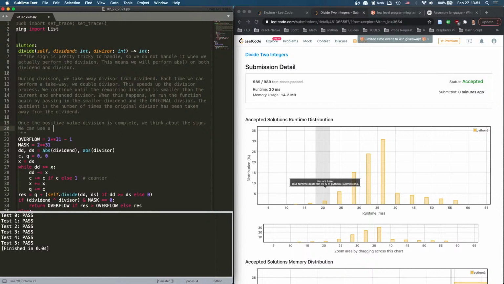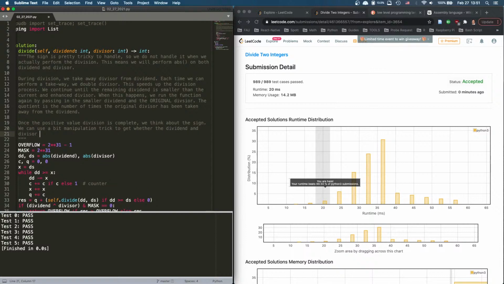We can use a bit manipulation trick to get whether the dividend and divisor have the same sign.